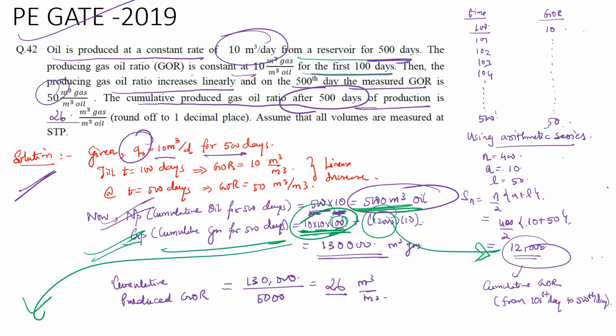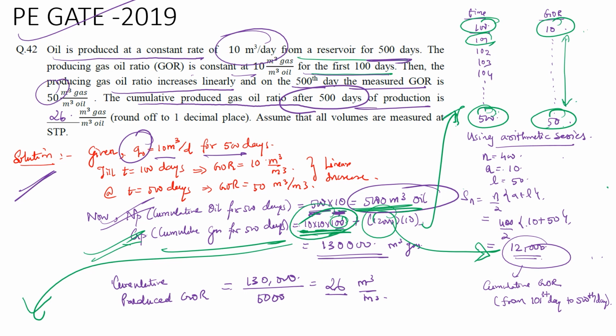Now to find the cumulative gas from the 101st day to the 500th day, we will use this particular concept. At the 100th day I have my GOR as 10, and on the 500th day my GOR is given as 50, and it is given in the question that it increases linearly.